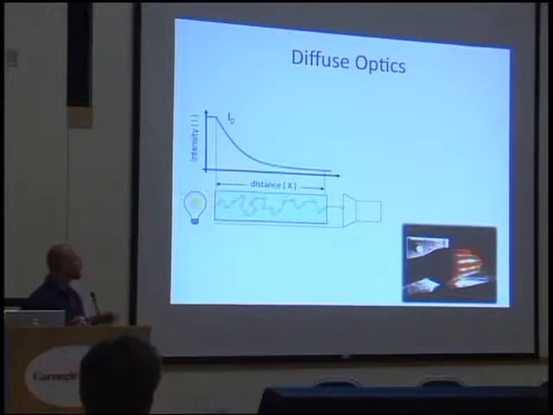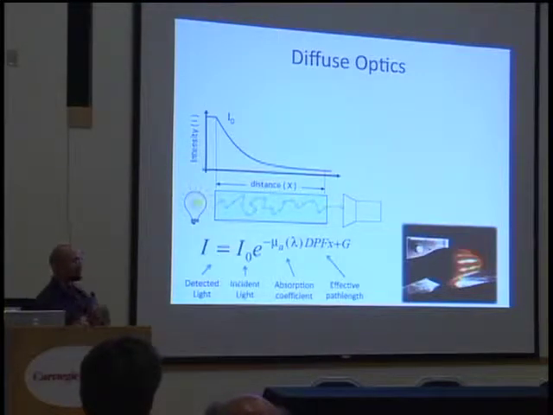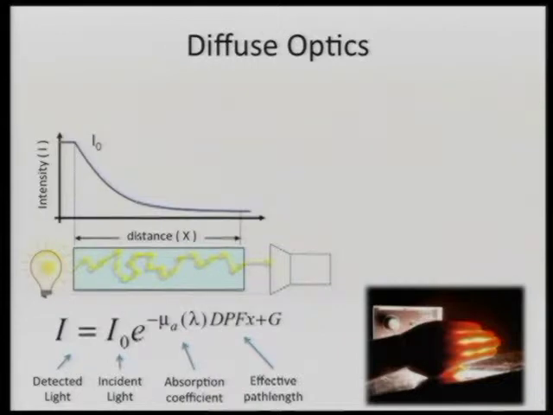So for something like your hand down at the bottom, the light has scattered many, many hundreds, thousands of times passing from one side of your hand to the other. Although the physical distance across, say, my finger might be about 1 centimeter, all that back and forth meandering of the light means that light has actually traveled more like 5, 6 centimeters just in crossing that distance across your finger.